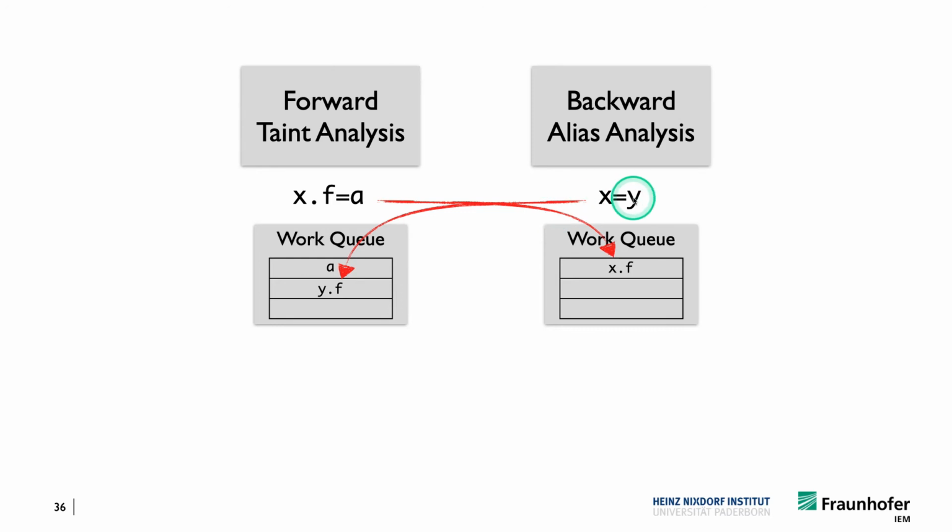So this is actually not even telling the analysis that this might be an alias, it's even already telling it this might be a potential taint. So in FlowDroid, we didn't really have a clear distinction between the alias analysis and the taint analysis. It was sort of, both really almost the identical analysis implementation, except that the one was going forward and the other one was going backward.